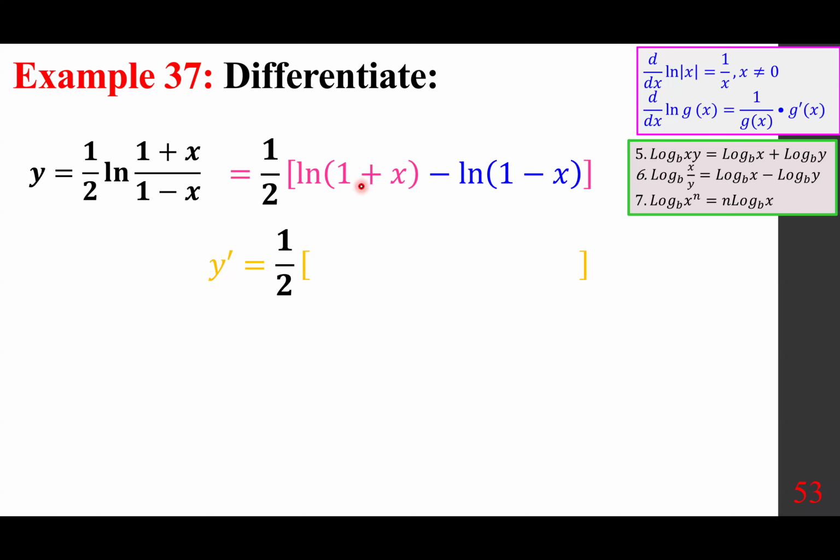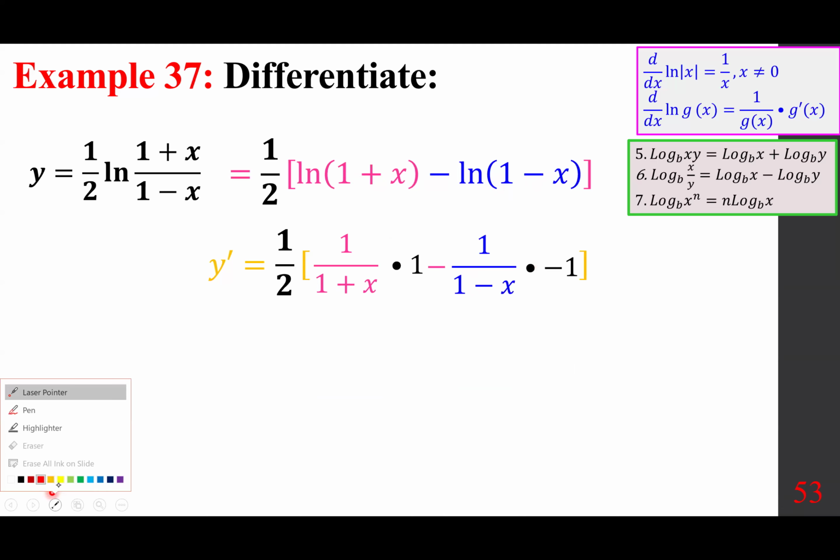That means flip it over, 1 over 1 plus x, times its derivative, which is 1, minus, now the derivative of this part, flip it over, 1 over 1 minus x, and then the derivative of this one is negative 1. And again, let me put an asterisk and show you that this is the end of the story. As far as calculus goes, everything else is algebra, everybody.